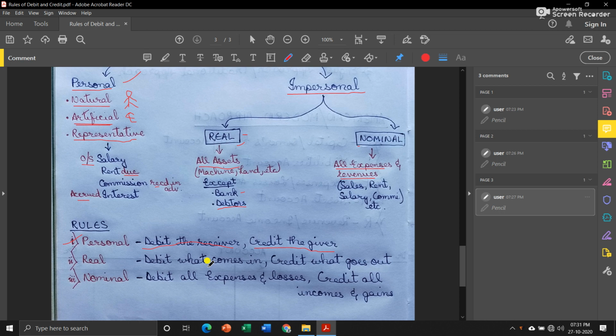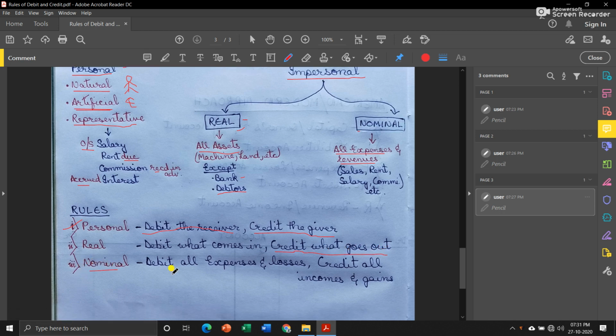And while selling an asset it is going out from your business, so that time you will write on the credit side, because the rule is credit what goes out. Then for nominal, meaning all the expenses and revenues, you have to debit all the expenses and losses, and credit all your incomes and gains.